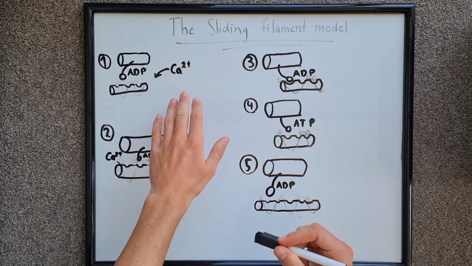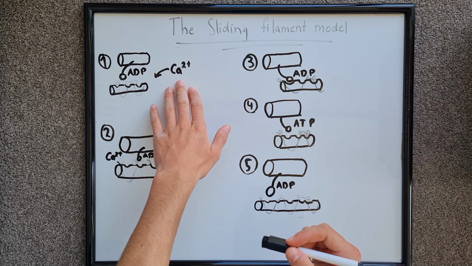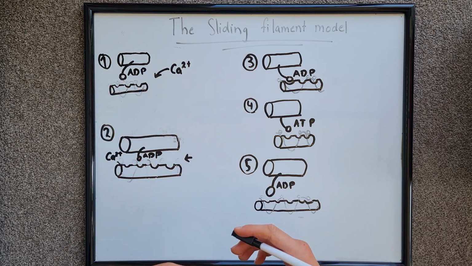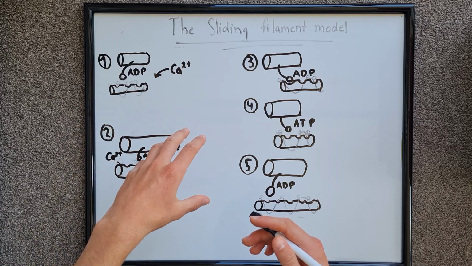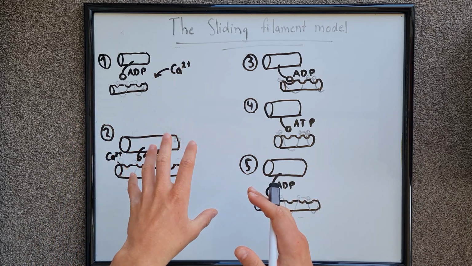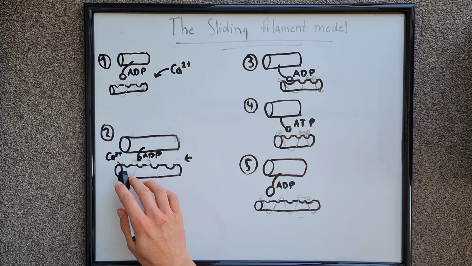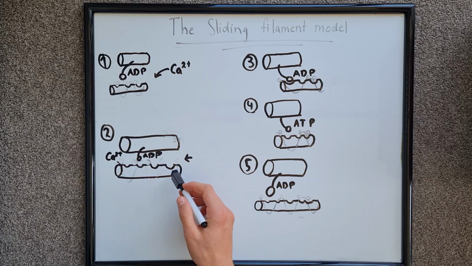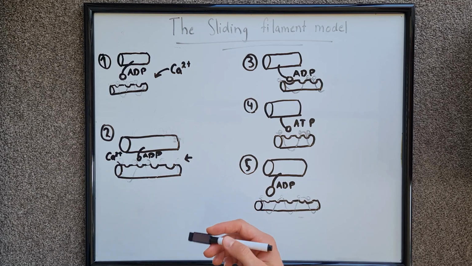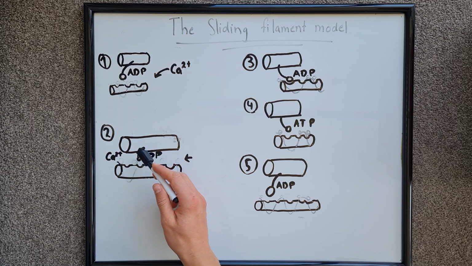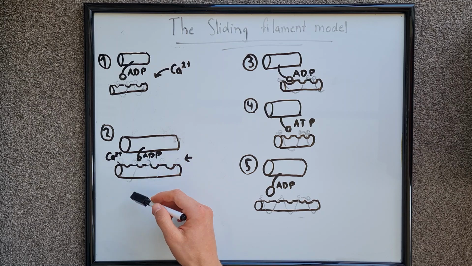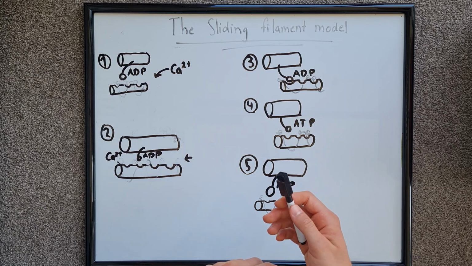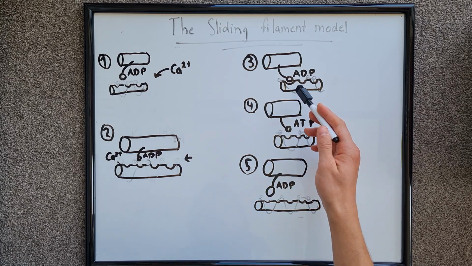So what then happens is those calcium ions attach to the troponin, which will then cause the troponin-tropomyosin complex to change shape, opening, right, making available the binding sites of the actin molecule. What will then happen is the bulbous heads will attach to the actin binding site, therefore forming an actomyosin cross bridge, as we see here.